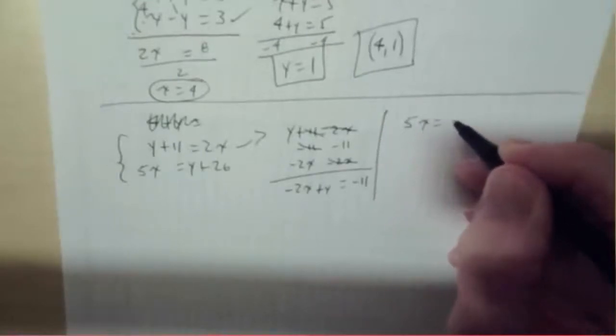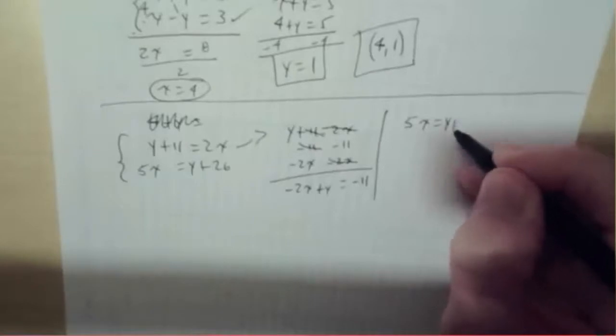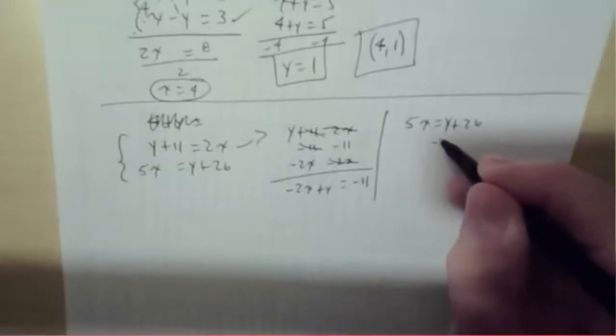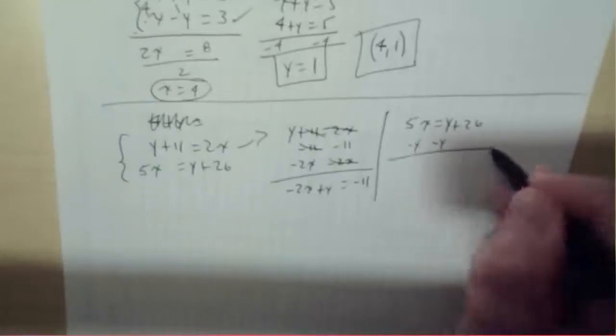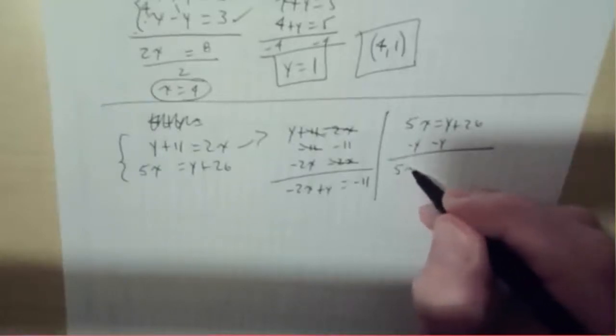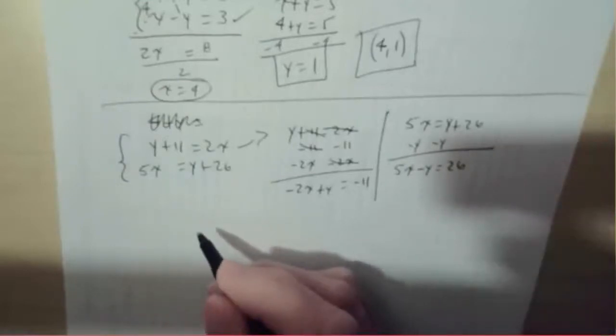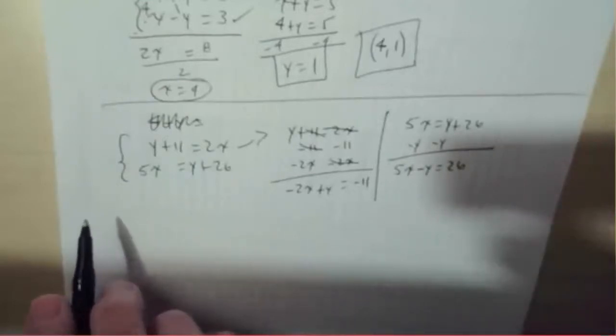And this one, well, what a rat's nest this is. 5x equals, excuse me, y plus 26. Now, this one's not so bad. We just have to move the y over there. So we subtract y from each side, and we get 5x minus y equals 26. Okay, so we have these two equations.